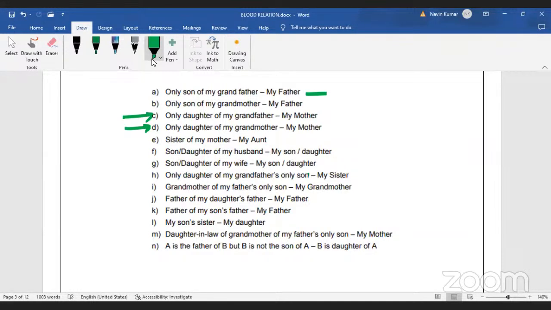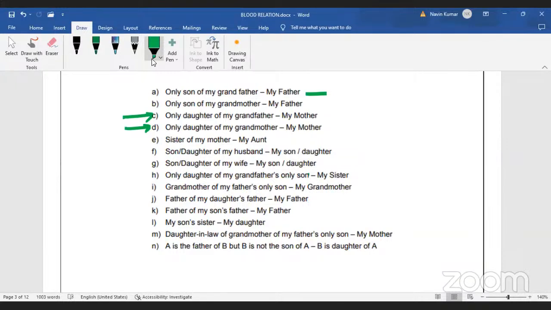Whenever you have a long sentence, try to break it down and approach it from backwards. For example, this is the statement: only daughter of my grandfather's only son. First, you consider my grandfather's only son.